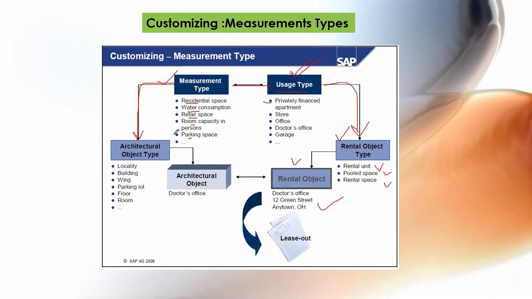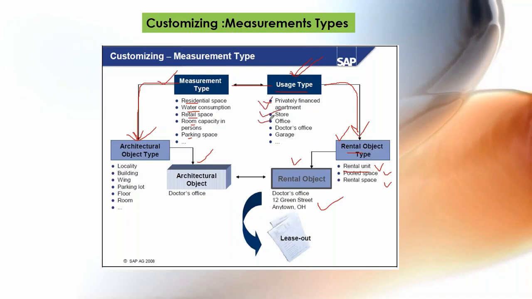In the same way, from the architecture object type also, you can assign these measurement types to the architecture object type. And when you are creating an architecture object, all these measurement types will be available here. So understand, let's say the rental object type is your rental unit, for example, and this rental unit may be your privately financed apartment or store or office.